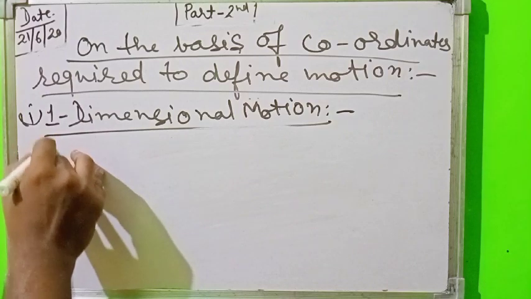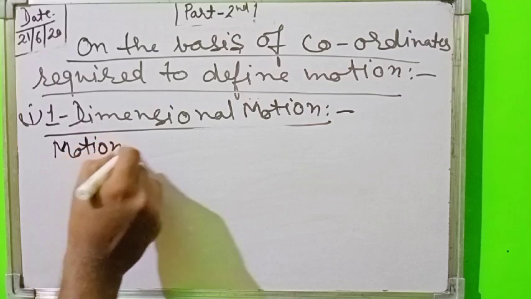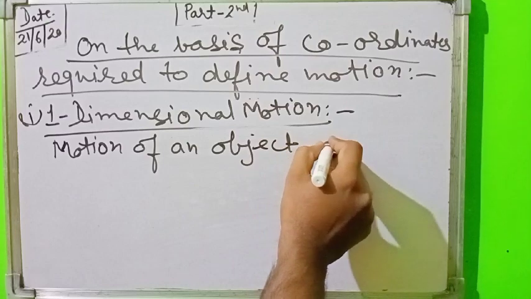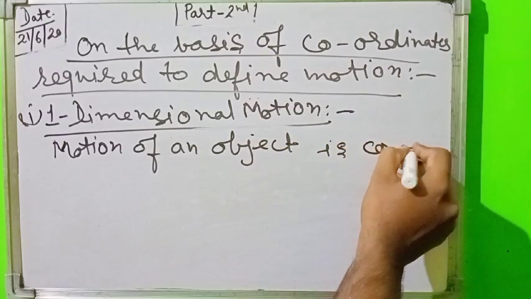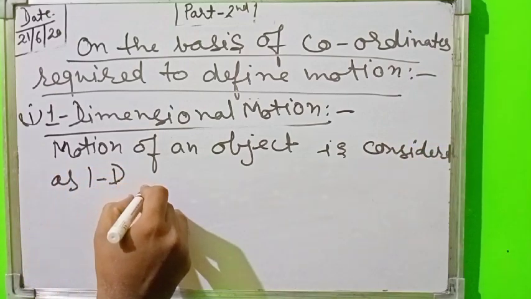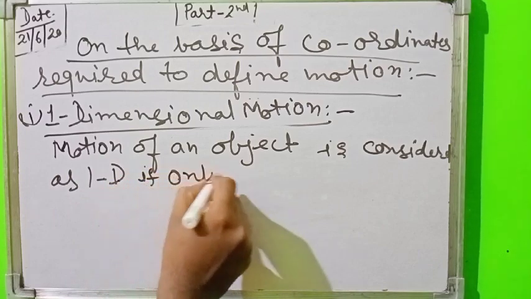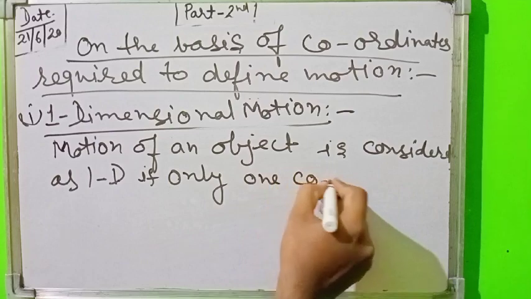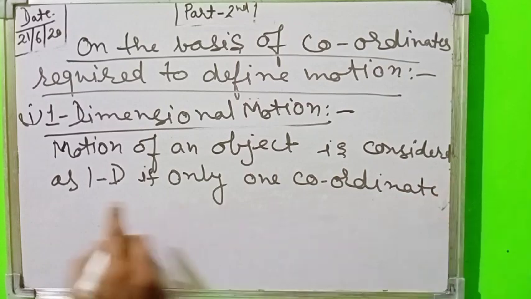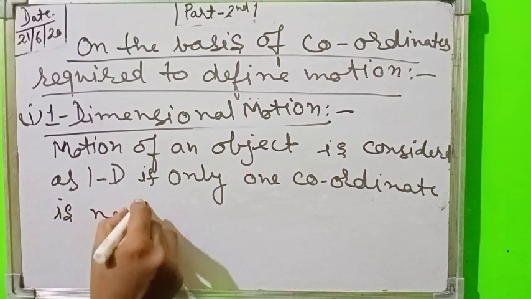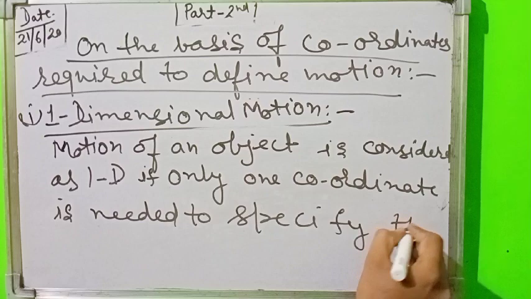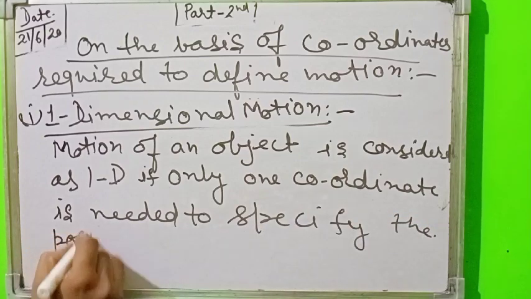Motion of an object is considered as one-dimensional if only one coordinate is needed to specify the position of the object.